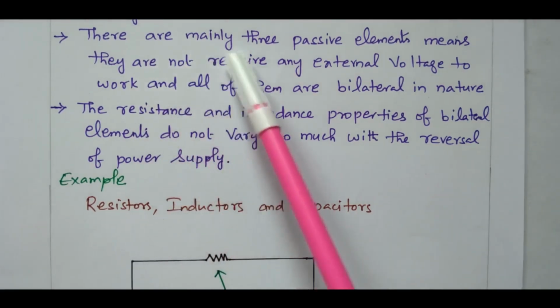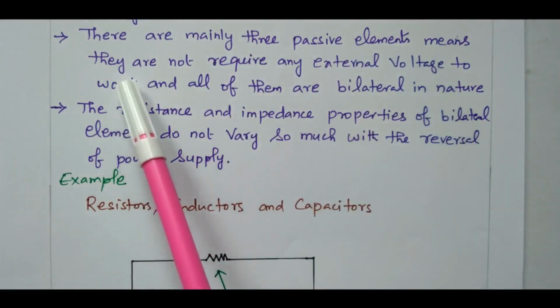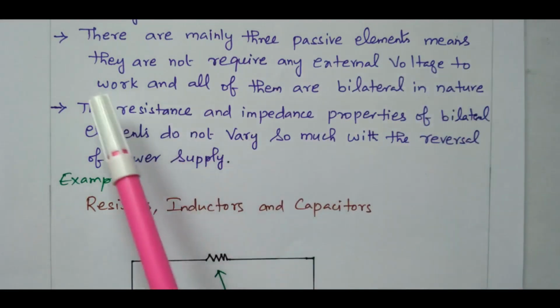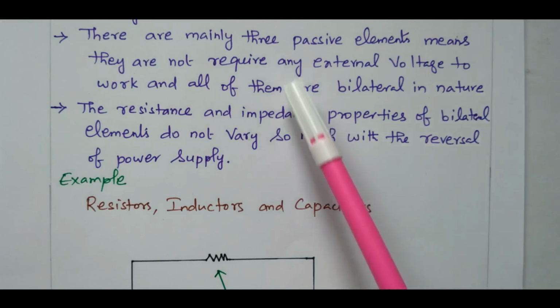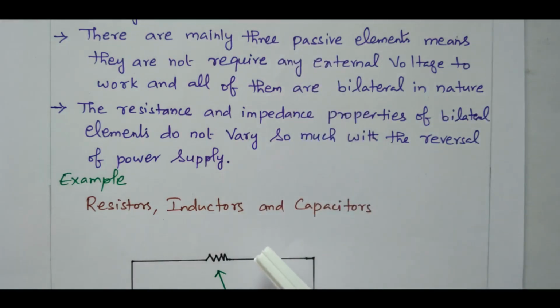There are mainly three passive elements, meaning they do not require any external voltage to work, and all of them are bilateral in nature. Basically the three passive elements are resistor, inductor and capacitor.